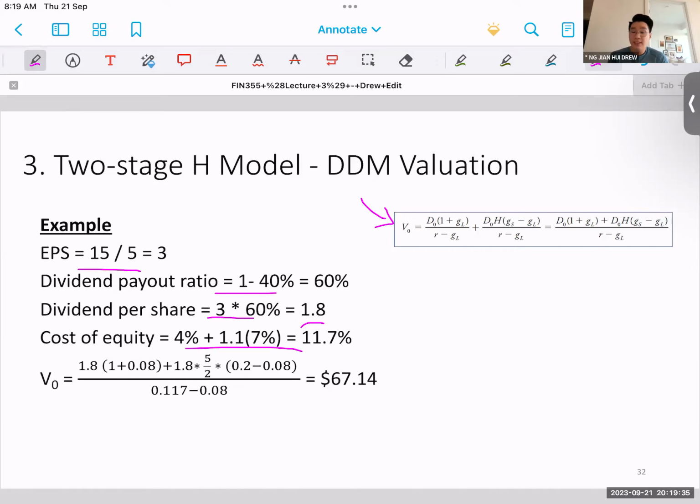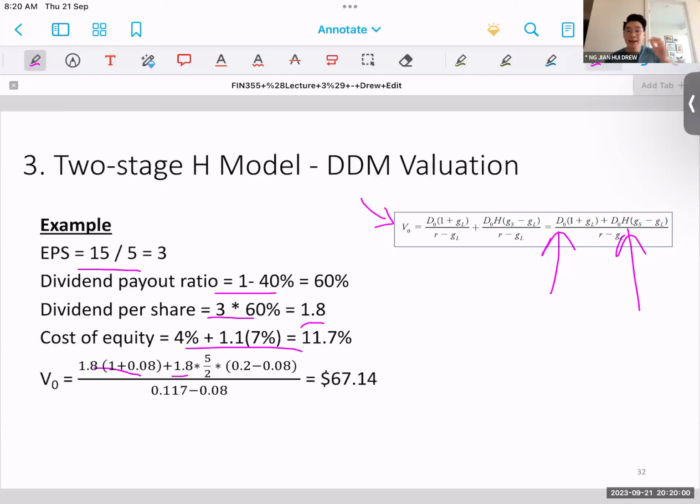Now we are plugging the values into the approximation formula for the H model. So in this formula, we use D naught. Please be very careful. The formulation is D naught times (1 plus g_L), plus D naught times H. So what is H?